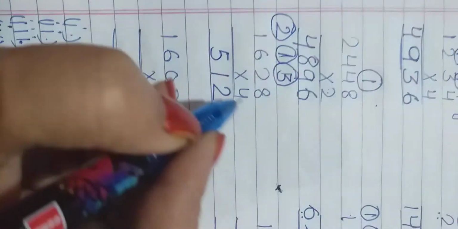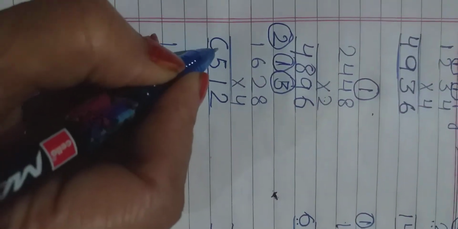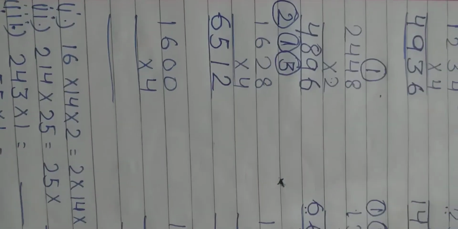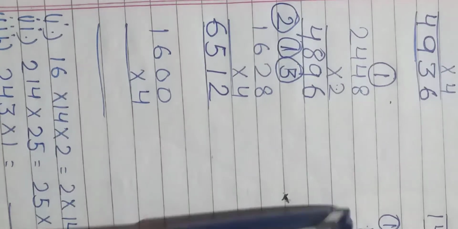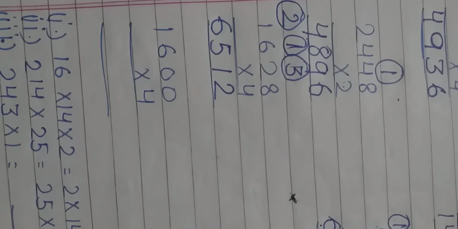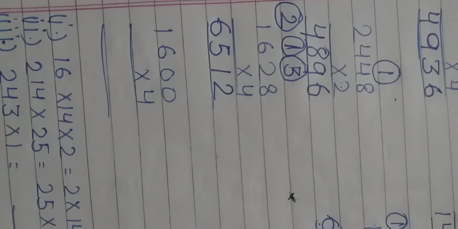Write 1 here and carry 1. 4 sixes are 24, 24 plus 1 is 25. 5 here and carry 2. 4 ones are 4, 4 plus 2 is 6. So after multiplying 1628 by 4, we get 6512.